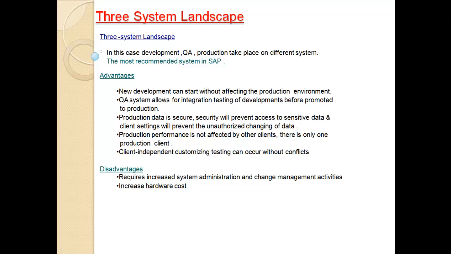But what are the disadvantages? It increases the hardware cost and requires increased system administration and change management activities. Before I conclude this session, I want you all to remember some points. In each box there will be a system identification, which is represented by three characters.